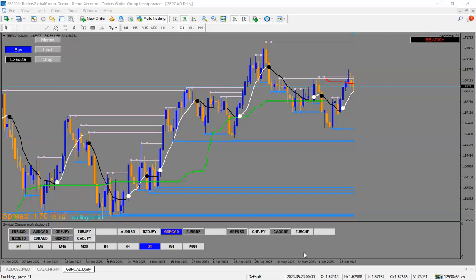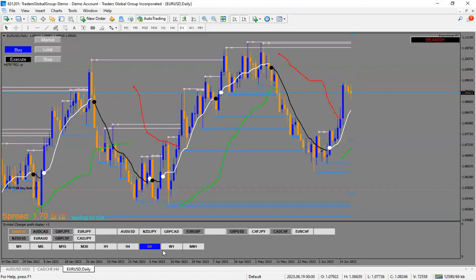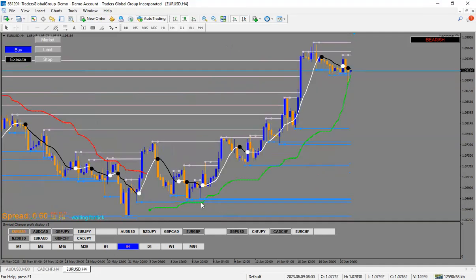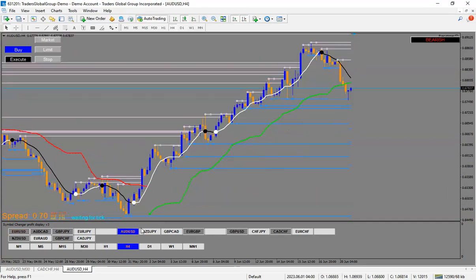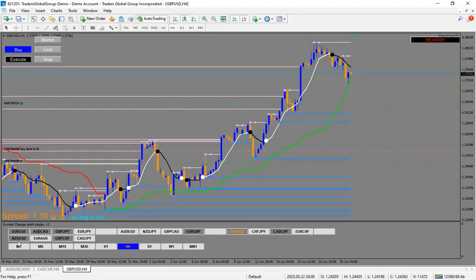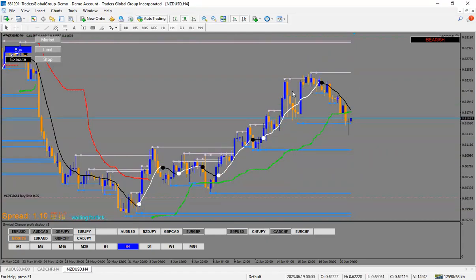I didn't put USD pairs together because, like you see now on USD on 4 hours, I'm having how many trades at once? AUD, GBP USD, all having trades. Imagine I'm having all these trades in one account.